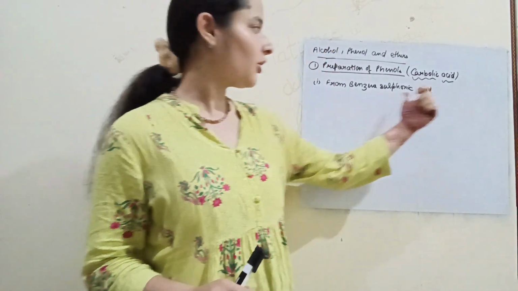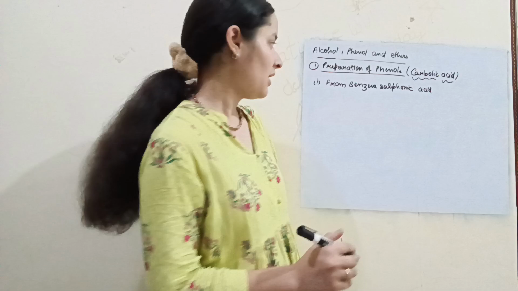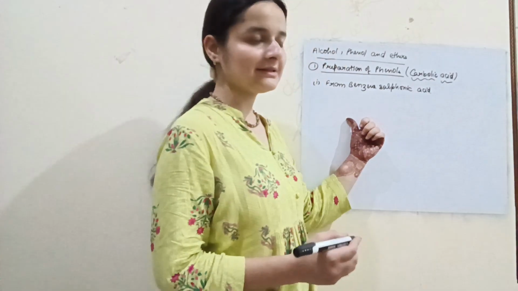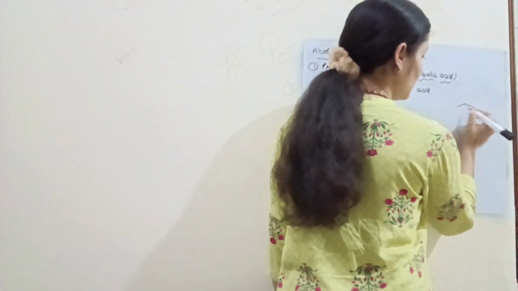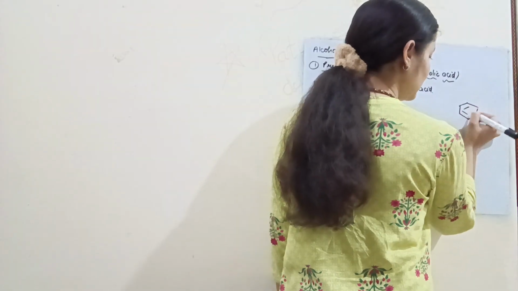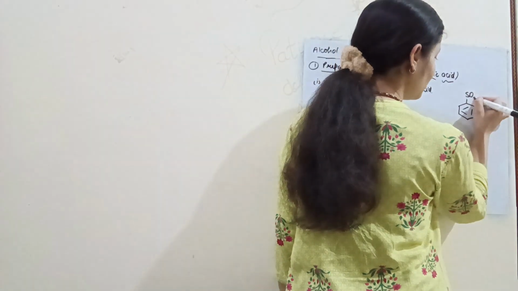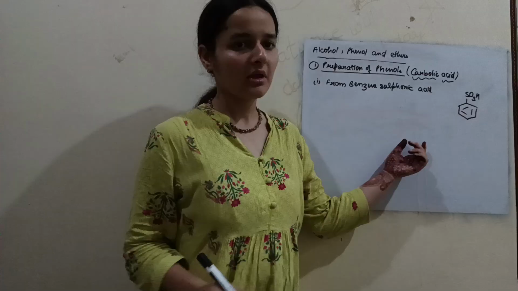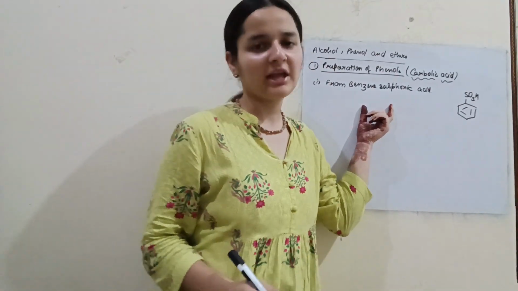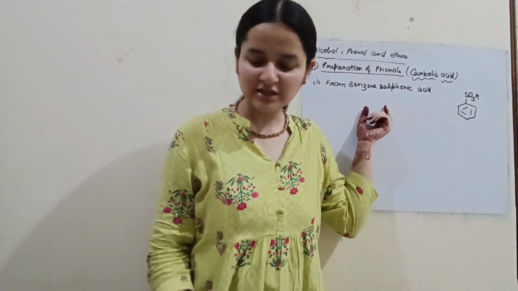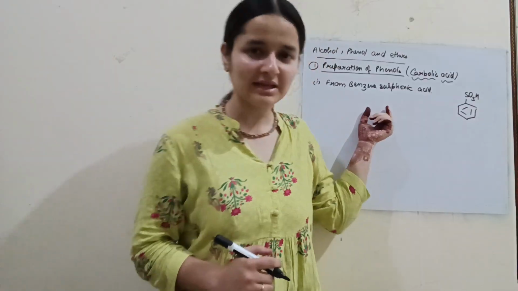First preparation is from benzene sulfonic acid. Now benzene sulfonic acid, as the name suggests, is what? We have a benzene ring and we have a SO3H group over here. And you know how benzene sulfonic acid is prepared. Benzene sulfonic acid is prepared from the sulfonation of benzene.